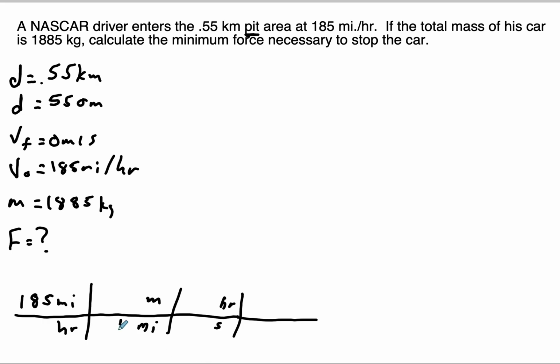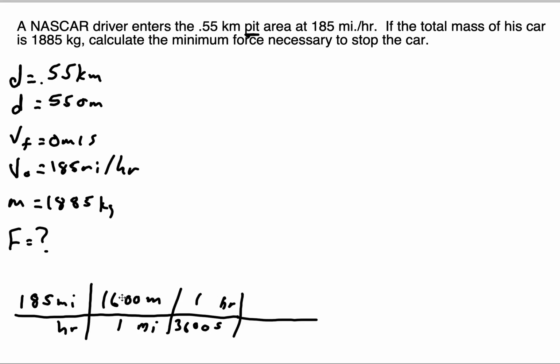I know that for every 1 mile, there's 1,600 meters. It's actually slightly different, but I'm just going to go with that because that's what I remember from track, right? And then I know that in every 1 hour, there are 3,600 seconds. So I multiply across, and then I divide by everything on the bottom.